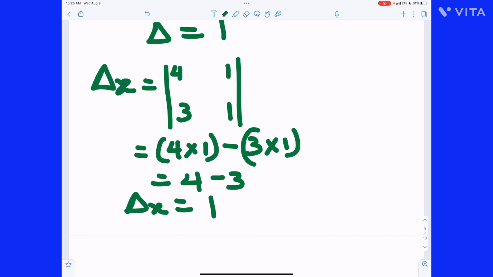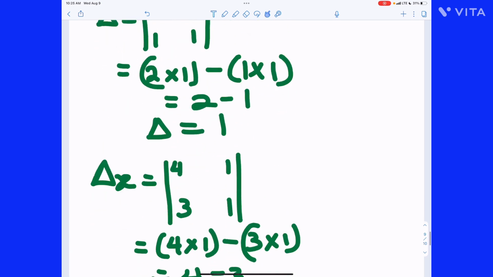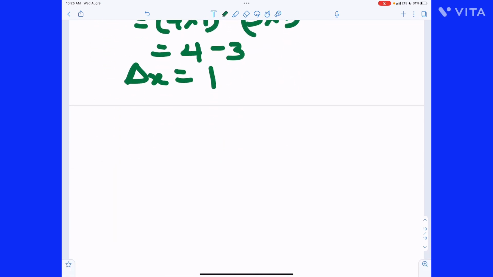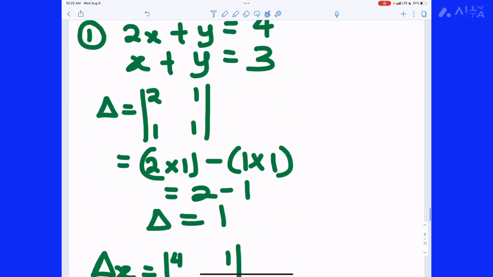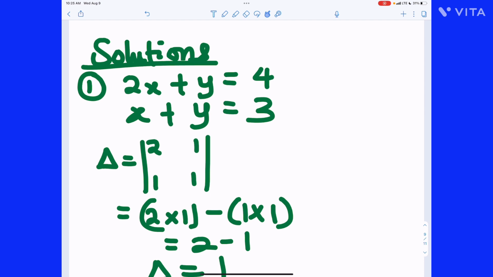I'll do the same thing for y. How do I get delta y? To get delta y, I will keep the coefficients of x, but change those of y to 4 and 3. The coefficients of x are 2 and 1. I will keep that.